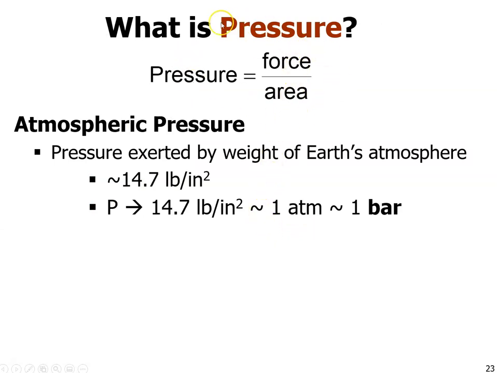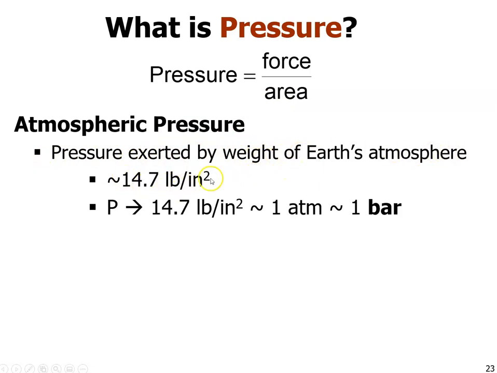So first let's define what pressure means before we start to use that equation. Pressure is a force over a certain amount of area. So here's a look at pressure exerted by the weight of the Earth's atmosphere.